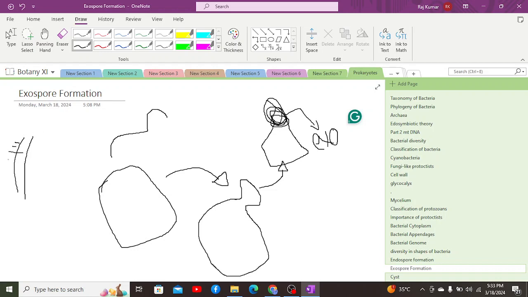Outside the outer coat, there is an attachment of a layer which we call the exosporium. I'm not sure about the actual spelling, but it is a layer, and this layer is a bit thinner in exospore as compared to endospore, which is a bit thicker.